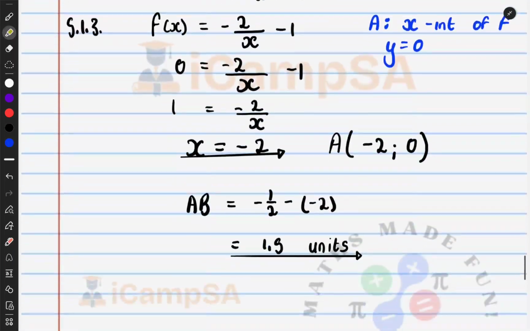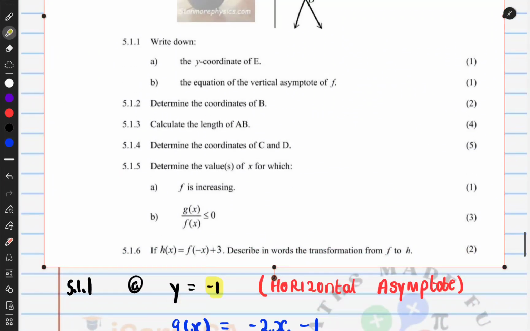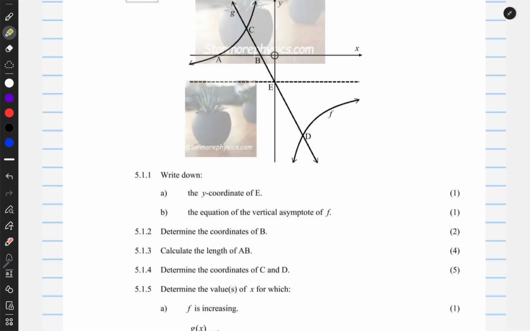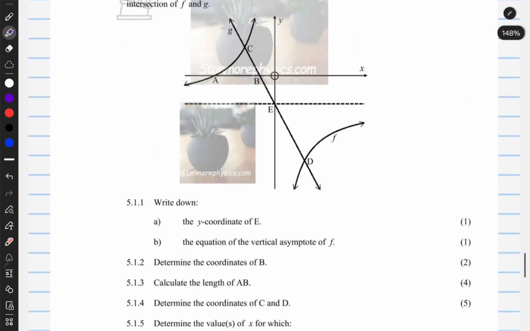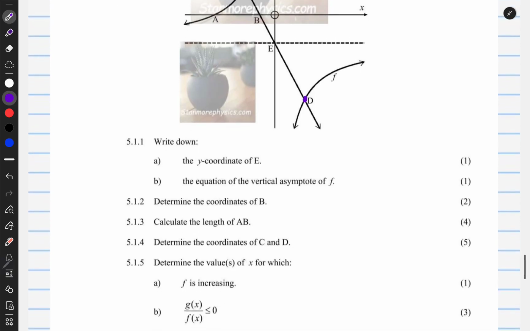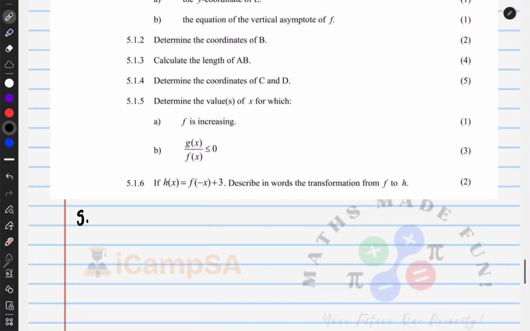So it's 5.1.4. Let me copy this, and okay, so I just wanted to create some space for 5.1.4, whereby we are looking for the coordinates of C and D. 5.1.4, yes, the coordinates of C and D. So for 5.1.4, for the coordinates of C and D, f at x is equal to g at x.